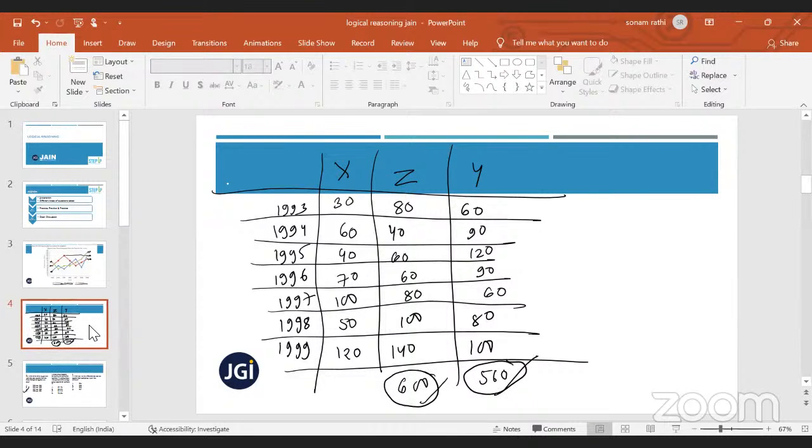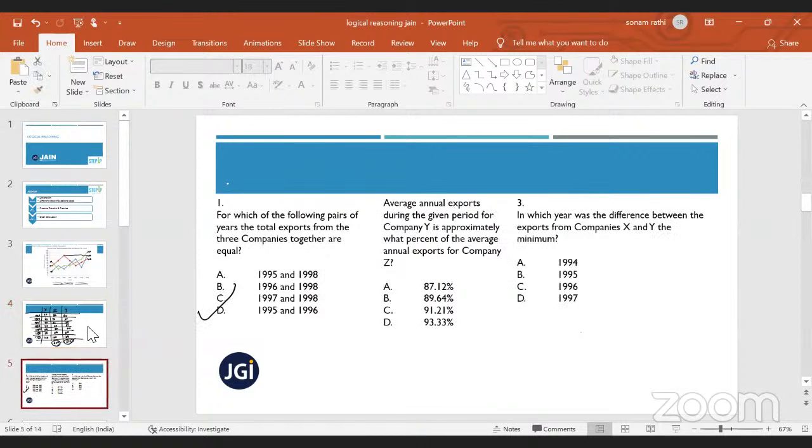So what I will do? What is the question asking? Average annual export during the given period for company Y is approximately what percentage of average? Okay, so find the average.